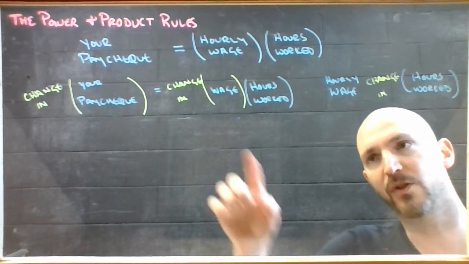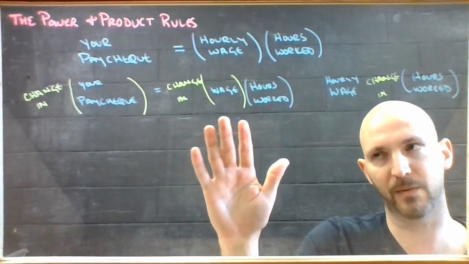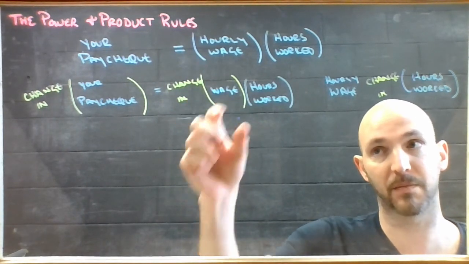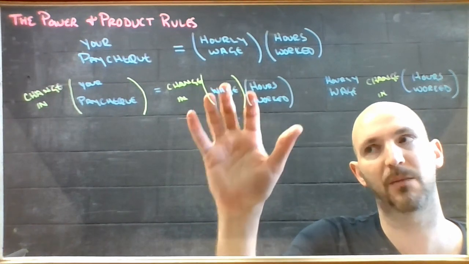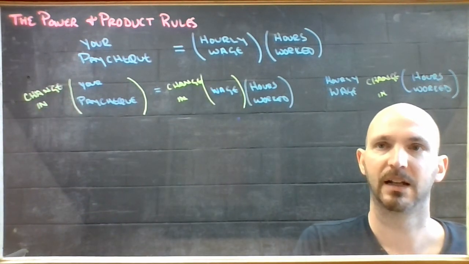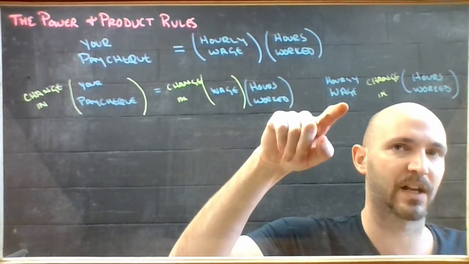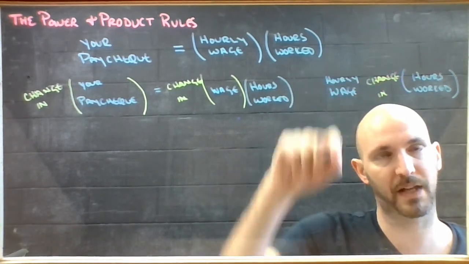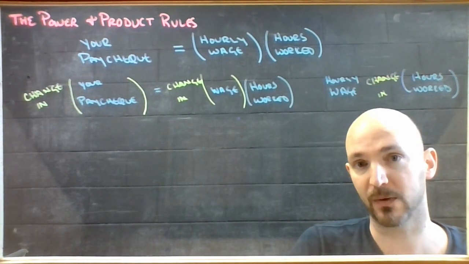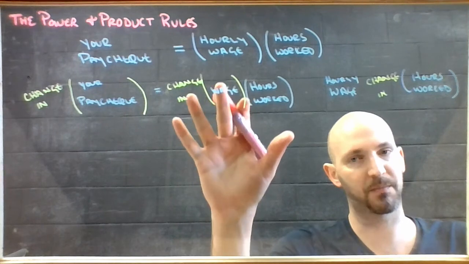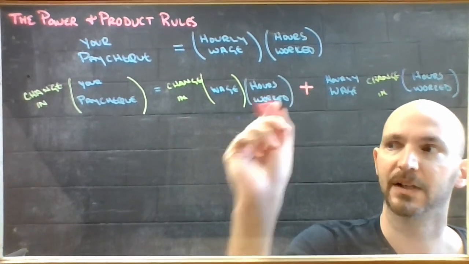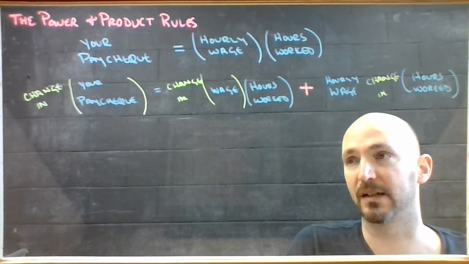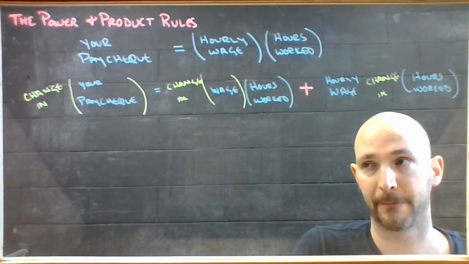If I increased my wage, I would take the amount my wage went up, multiplied by the hours I was already working to find out how much that increased my check. And then I would take the base wage that I was already making and multiply it by the extra hours I was working, and I would take the pile of money there and the pile of money there, and I would add them together in order to get the increase in my normal paycheck.